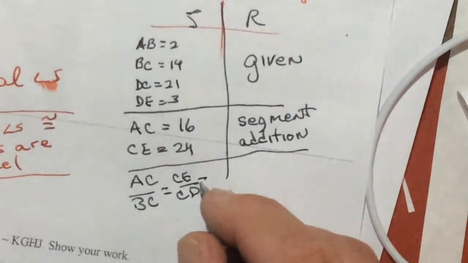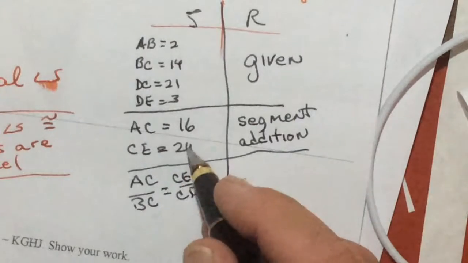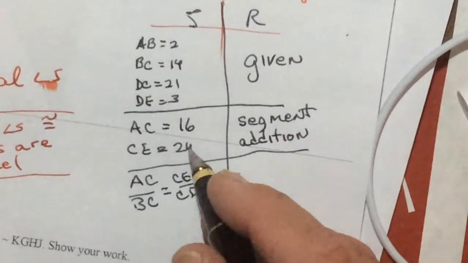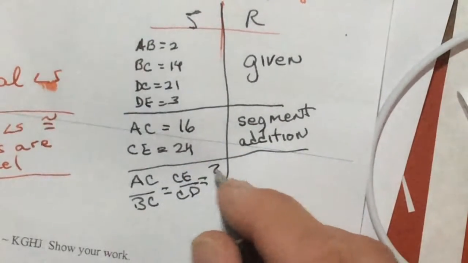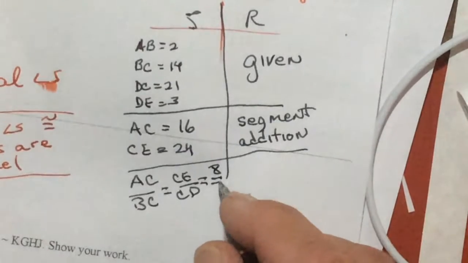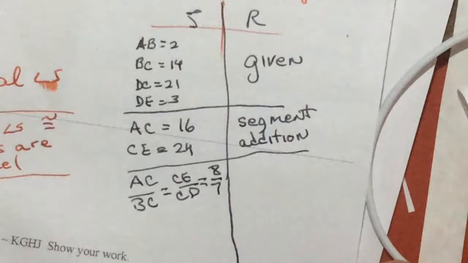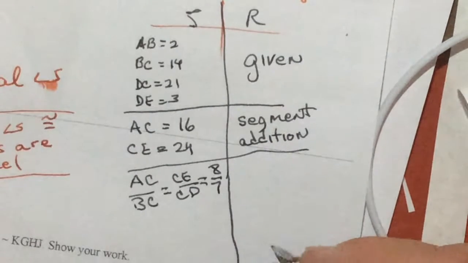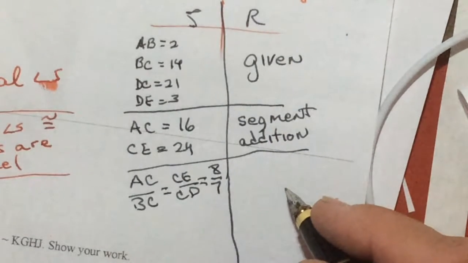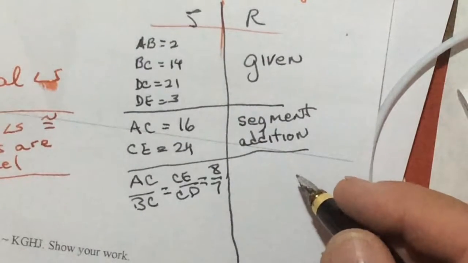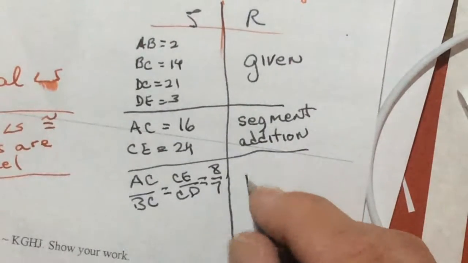And that we know is going to, well, this time I put this number on top, didn't I? So it's going to be 8 over 7. Doesn't matter which one goes on top. Okay. As long as you're consistent. All right. Now, that's just proportions.